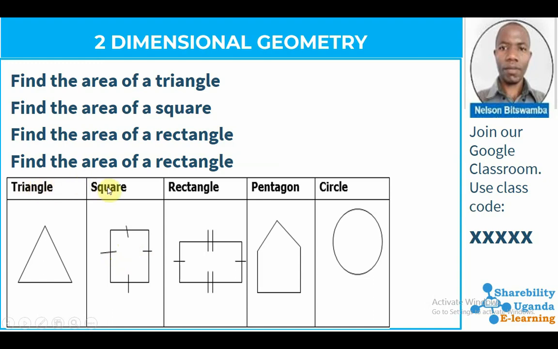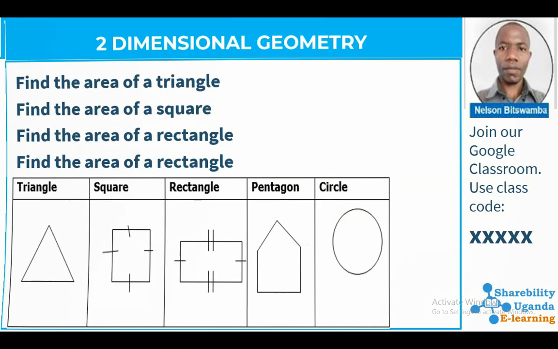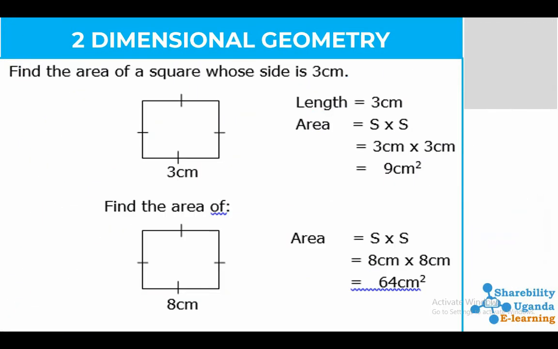If it is a square, how do you get its area? If it is a rectangle, how do you get its area? If it is a pentagon, how do you get its area? Also, areas of circles. So in this video we shall see how we can tackle and handle such problems. Okay, so let's look at them one by one.